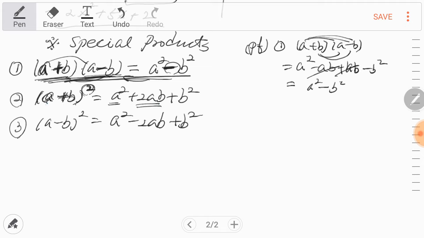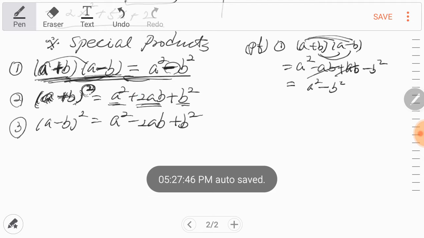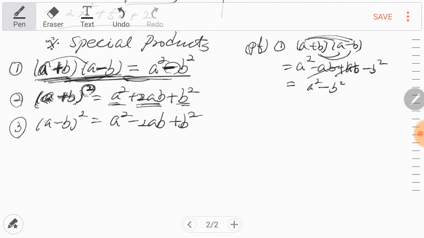The result has 3 terms: a squared, plus 2ab, which comes from multiplying ab and then by 2, plus b squared.